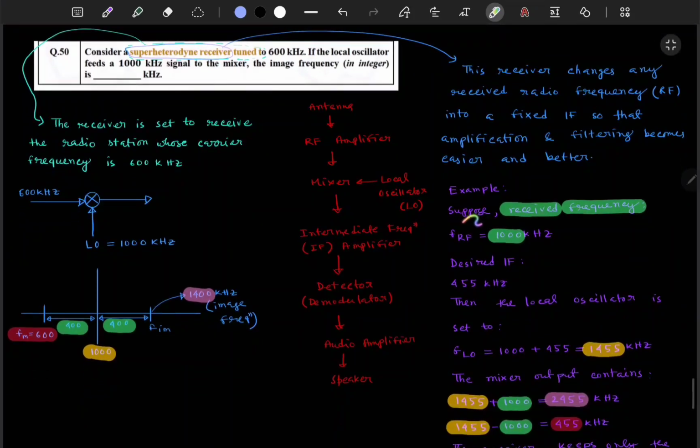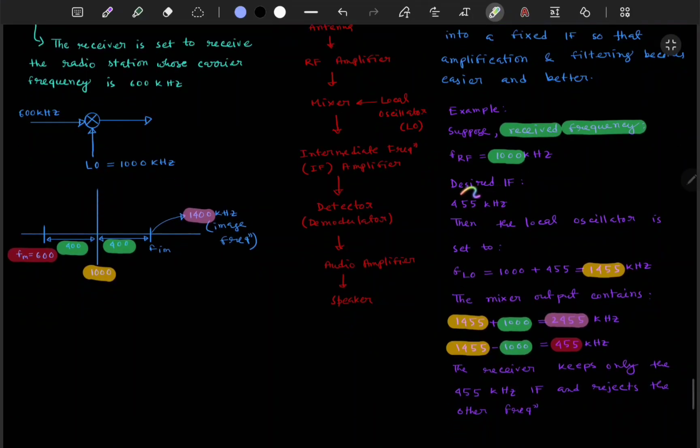For example, suppose the received frequency f_RF is 1000 kilohertz, but the desired intermediate frequency is 455 kilohertz. Then the local oscillator is set to f_LO equal to 1000 plus 455, which is 1455 kilohertz.